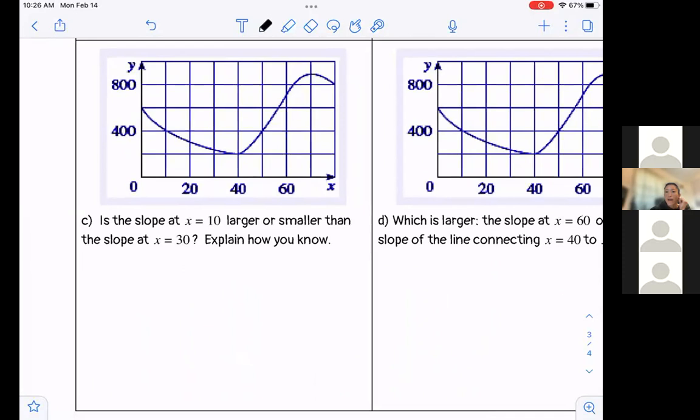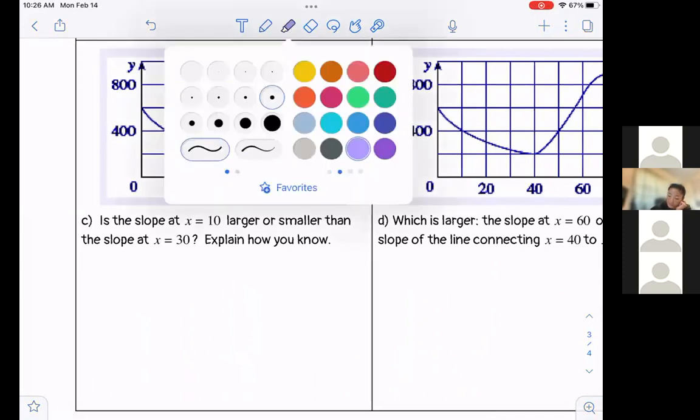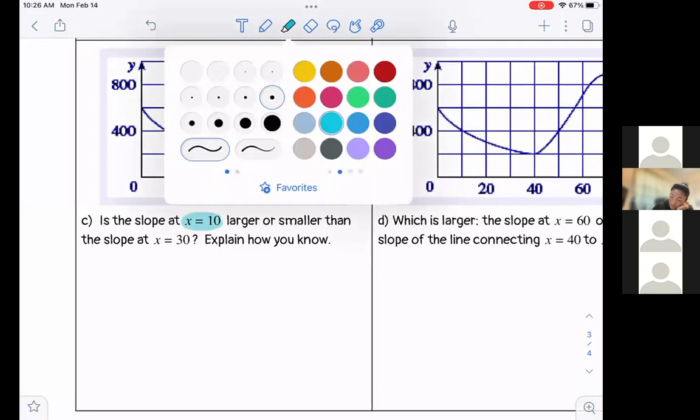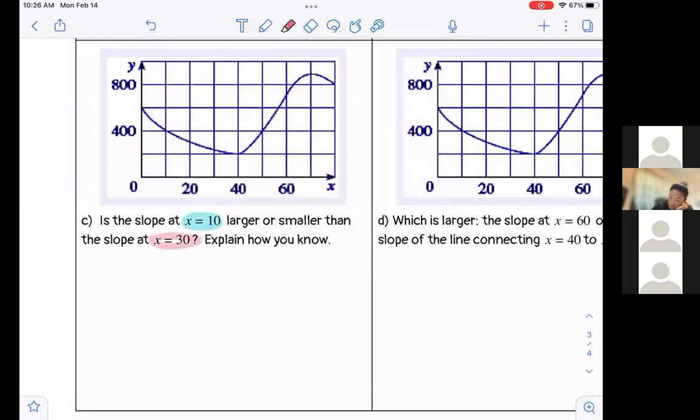Is the slope at X equals 10 larger or smaller than the slope at X equals 30? Okay, we've got larger, but in a negative way. Okay.